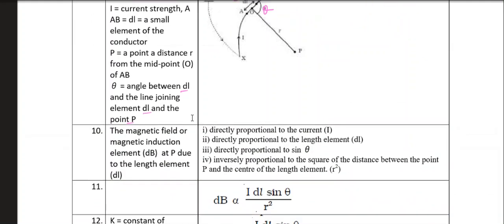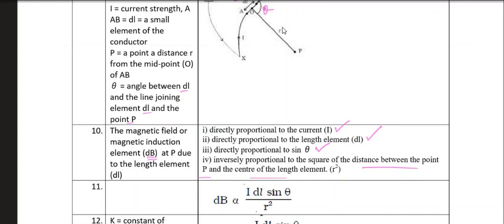The magnetic induction of the element, that is dB, is directly proportional to the current, as I already discussed, and directly proportional to the length element. Then it is directly proportional to the sine of theta. We already discussed what theta is. Then it is inversely proportional to the square of the distance between the point P and the center of the length element, that is r.